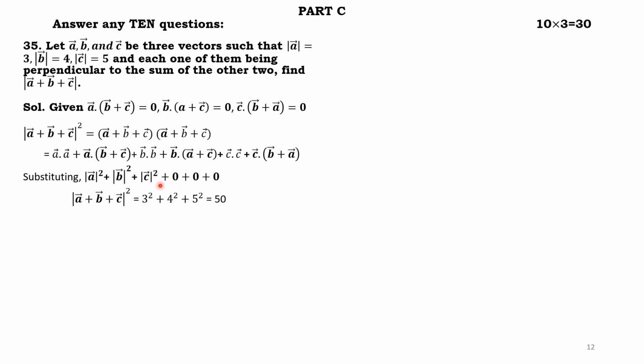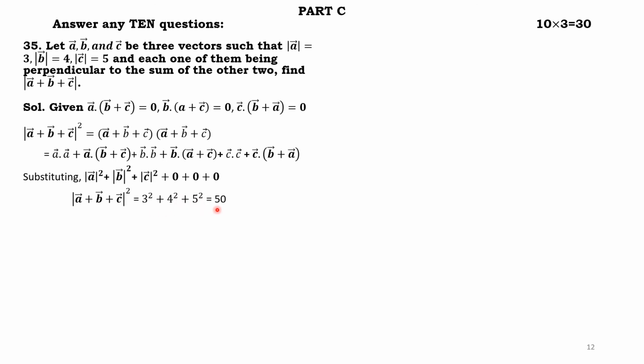Therefore, the left hand side is vector A plus vector B plus vector C whole square, equal to mod A square, which is given as 3 square, plus mod B square, 4 square, plus mod C square, 5 square. So 3 square is 9 plus 16 is 25, plus 5 square is 25.